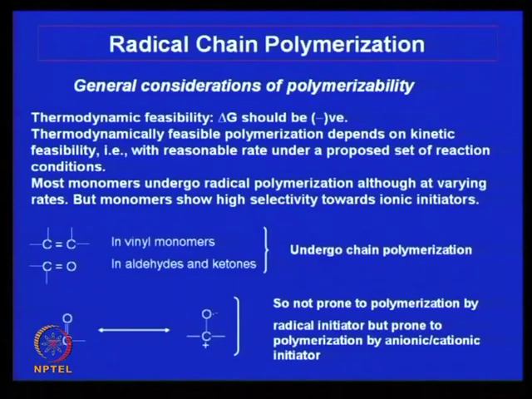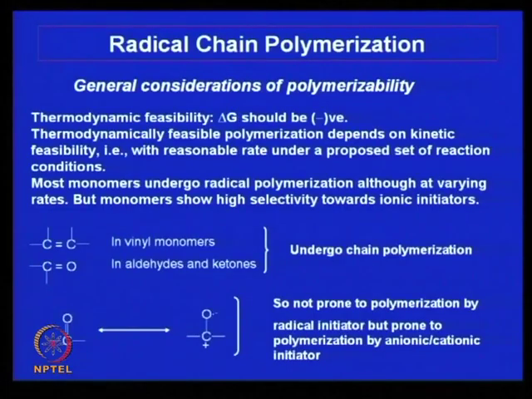Such compounds are available like ethylene, propylene, butadiene, isoprene, vinyl chloride, methyl acrylate, methyl methacrylate, acrylic acid. So, each of these compounds contain an olefinic unsaturation or a double bond in the molecule. These are organic molecules and they contain some olefinic double bond.